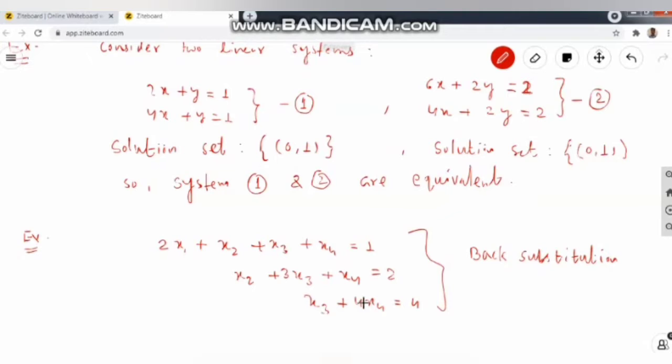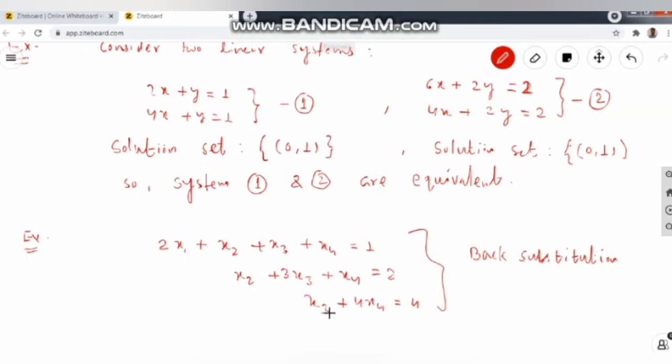That means first we find the value of a variable from the last equation, and then whatever value we find from the last equation, we put in the just previous equation, and this way we move backward.